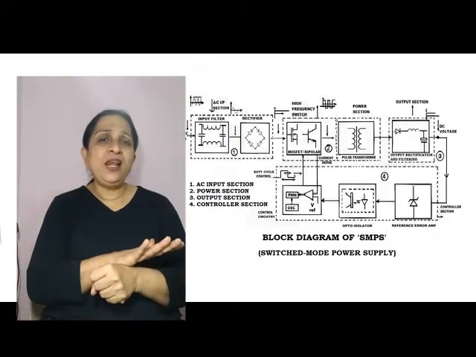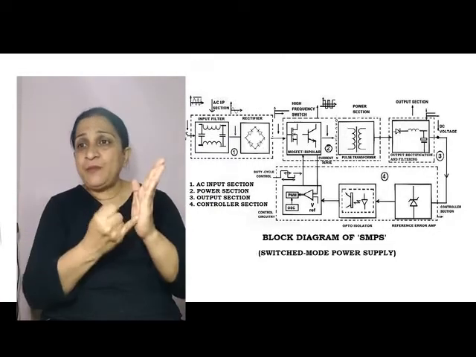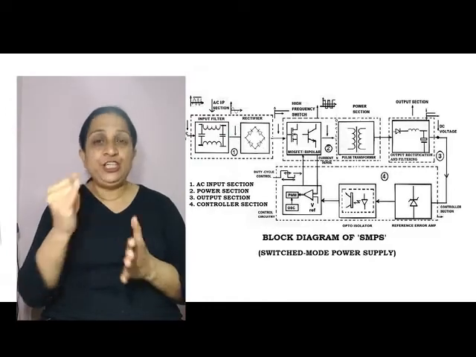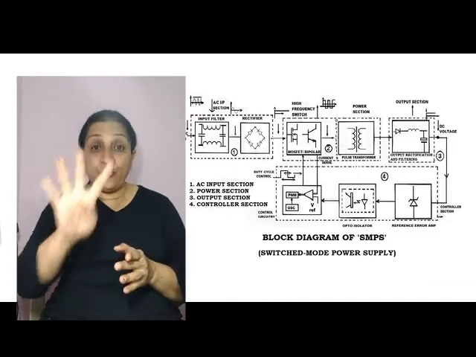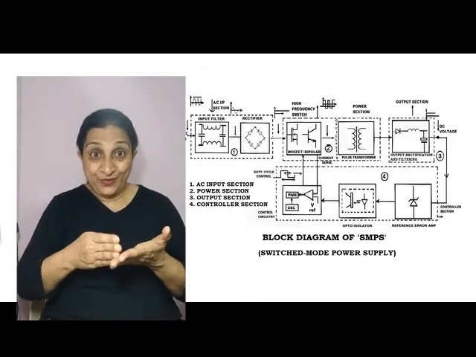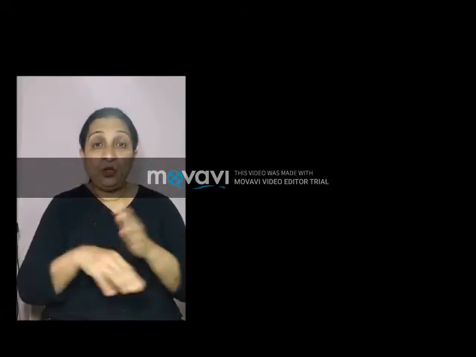Now this is the full diagram after finishing drawing. So you can see there are 4 sections. You have to name them as AC input, power section, output section and control section. All you have to draw. So 4 sections.